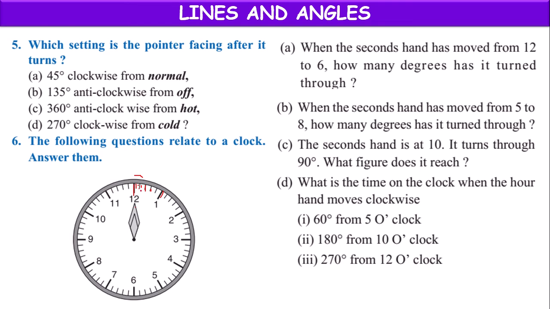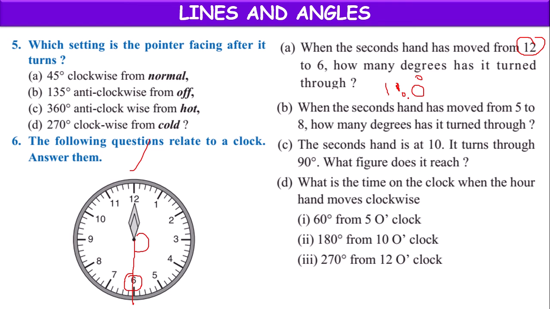They are not asking 1 second to 12 seconds, so we should not think like that. We have to think the second hand is at 12, which is already marked on the clock. Now the second hand has moved up to 6, which is already marked on the clock. So the angle made is 180 degrees. You should not get confused with the normal seconds, minutes, hours. So the answer is 180 degrees.